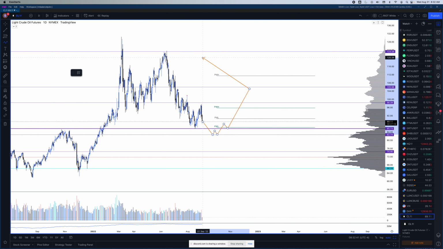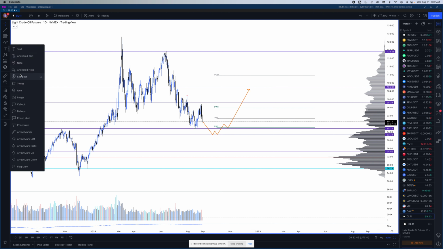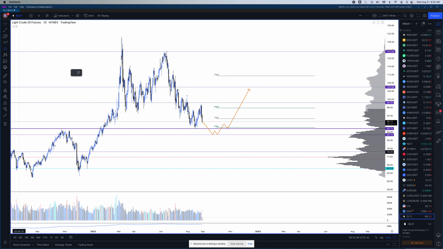And your trigger for this trade would be right here. So that's one option.